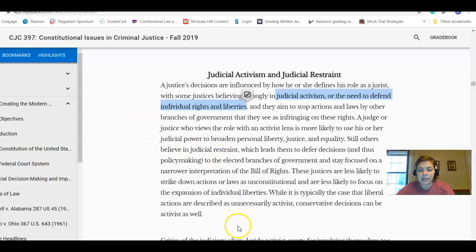Judicial restraint looks more at the idea that judges should not really expand policy, and they should defer to other branches of government. So the judges who dissented in Obergefell v. Hodges, which was the case that legalized same-sex marriage, did so on the grounds that each state should have the right to define marriage within its own boundaries.